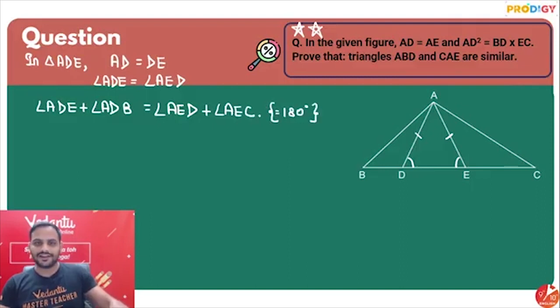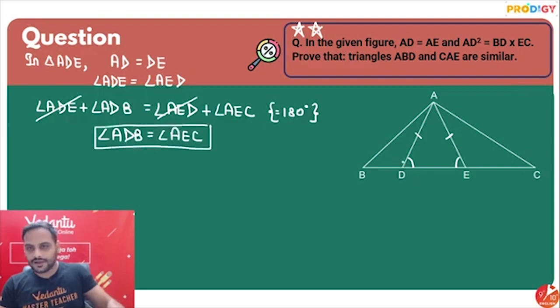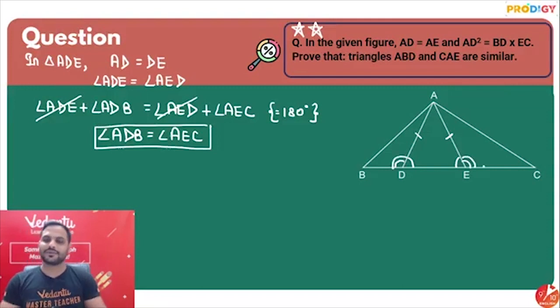Instead of writing two equations and then equating them, angle ADE plus ADB is 180 degrees, linear pair, and angle AED plus AEC is again 180 degrees. We know ADE and AED are equal, so I can cancel them. I will get angle ADB is equal to angle AEC. So I have got these two angles equal to each other.